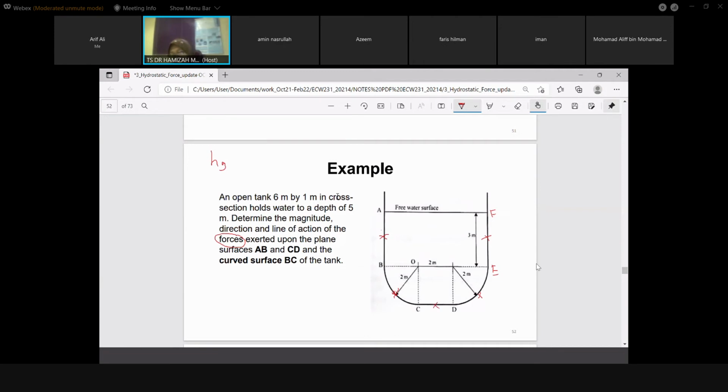Okay, after we point out the center of gravity, kita nak kira pula Hg. Hg adalah jarak tegak daripada free water surface kepada titik tengah. So, we go for AB and EF first, from the free water surface to the titik tengah.